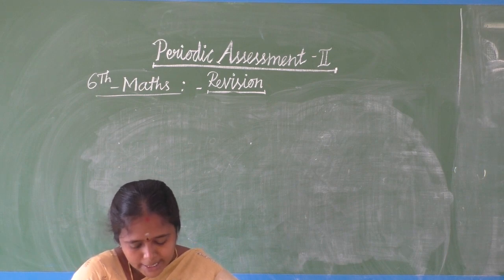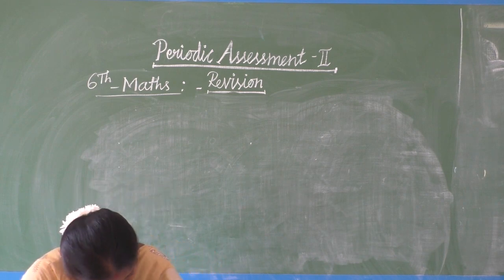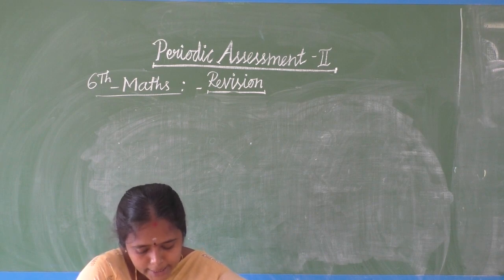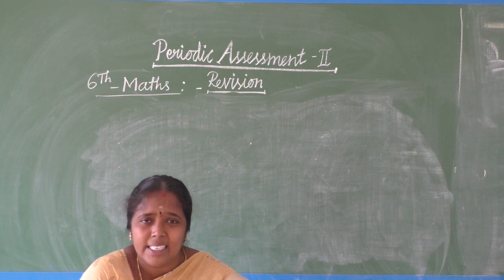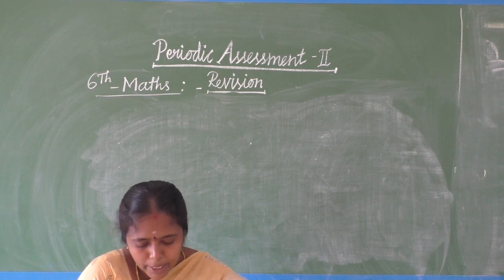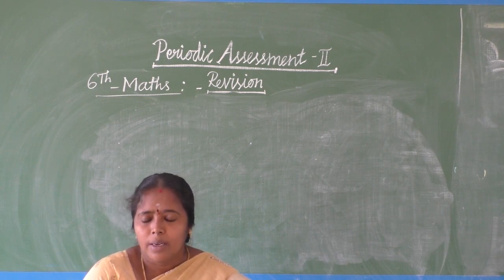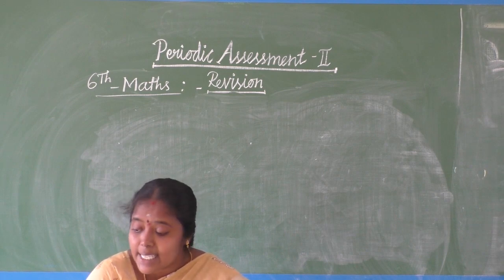See, if you watch exercise 3.7, 4th question, 5th question and 9th question, what is given here? Determine the smallest 3 digit number which is exactly divisible by 6, 8 and 12. Exactly divisible means we have to find its LCM only.